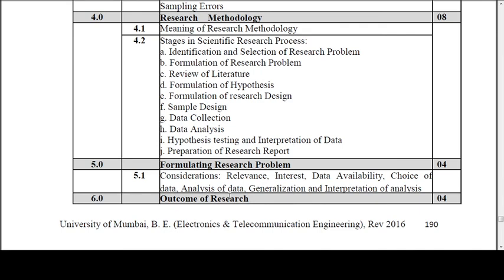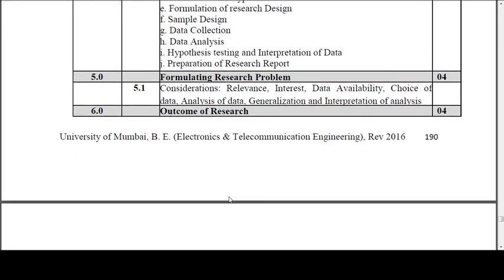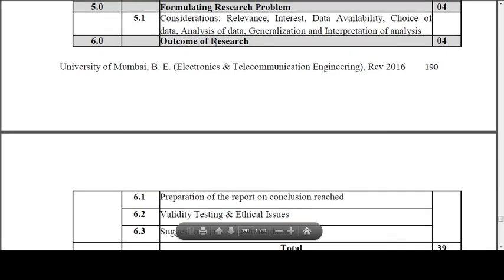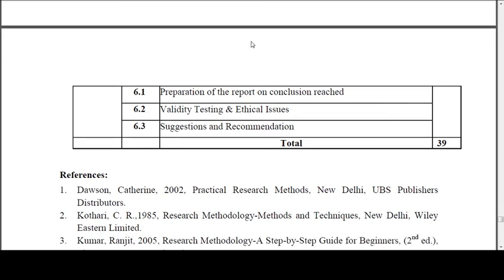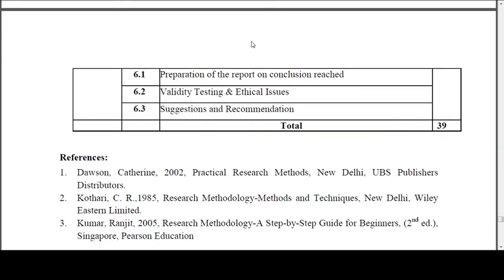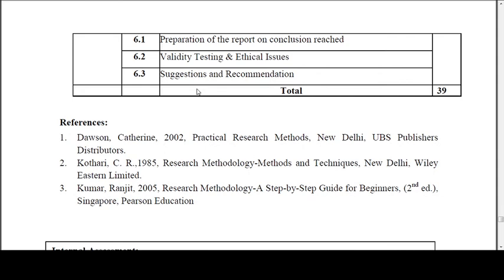Then finally we take the conclusion, which is nothing but the outcome of the research, in module number 6. Total number of hours in module 6 is 4. The outcome of the research has sub-points: preparation of report on the conclusions reached, validity testing and ethical issues, and suggestions and recommendations. All this is done after preparation of the report. That is nothing but the outcome of your research.